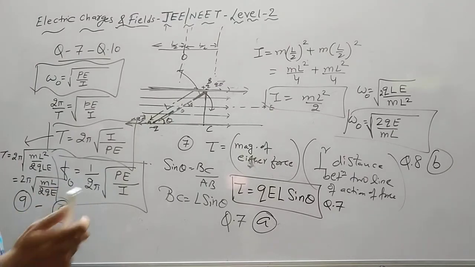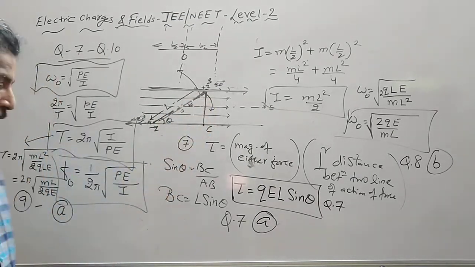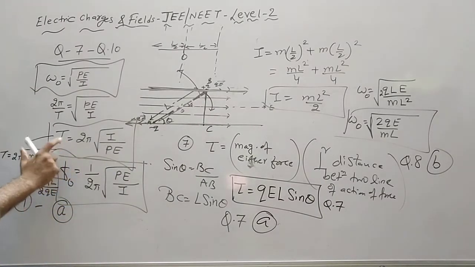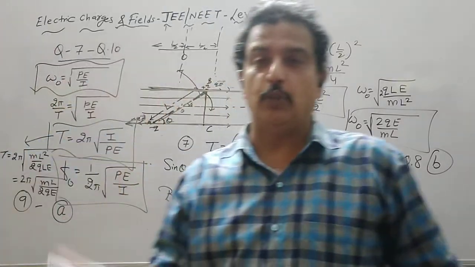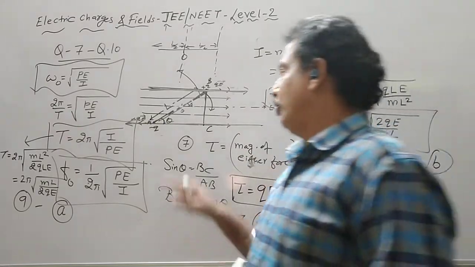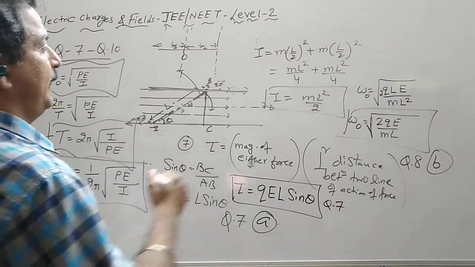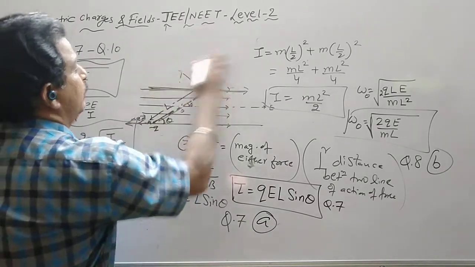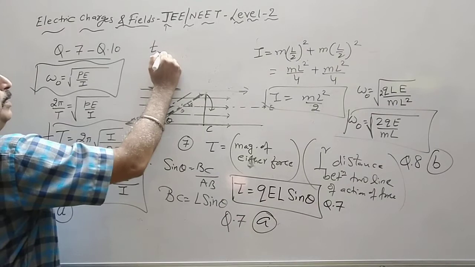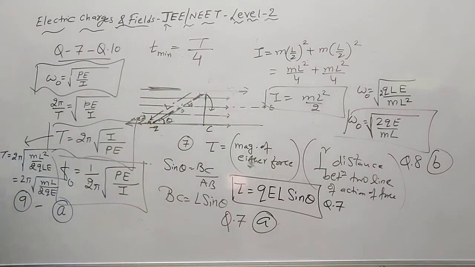Now the minimum time should be T by 4, because if capital T is the periodic time, periodic time means time taken to complete one oscillation. So the minimum time when it gets aligned for the first time, what should be the minimum time? So T minimum is capital T by 4.